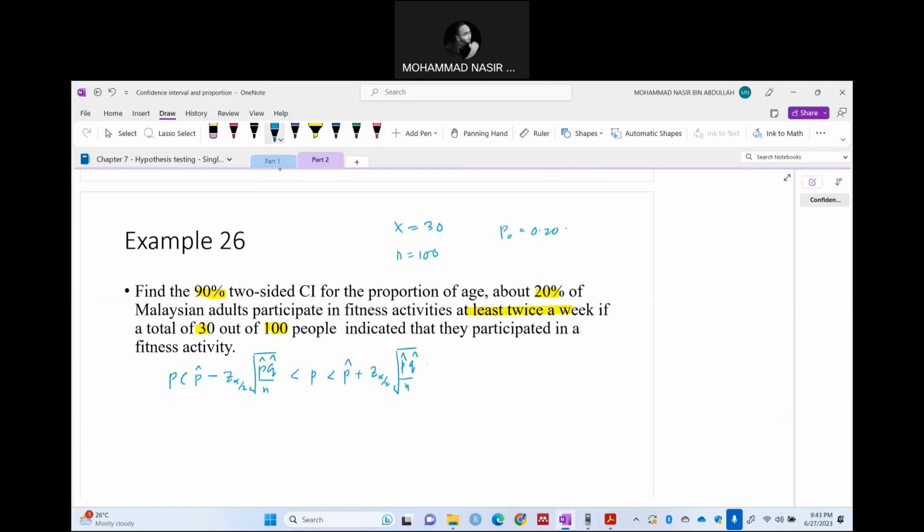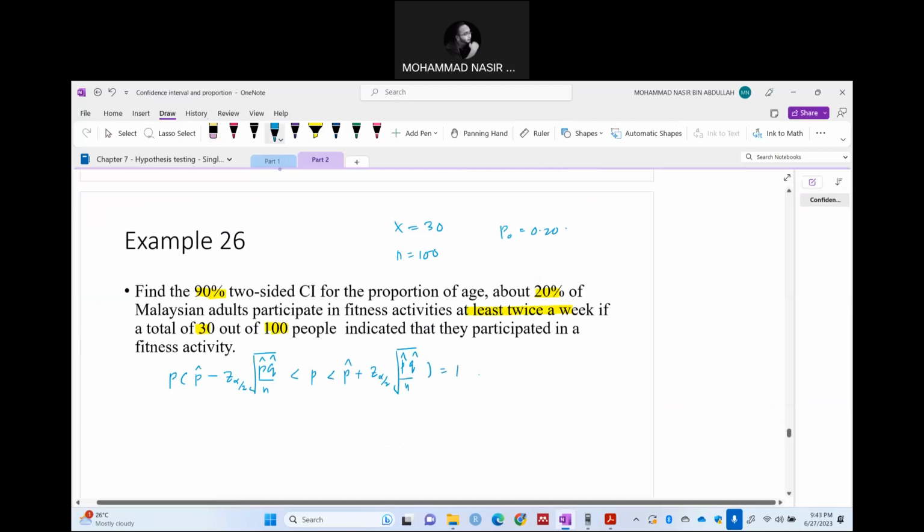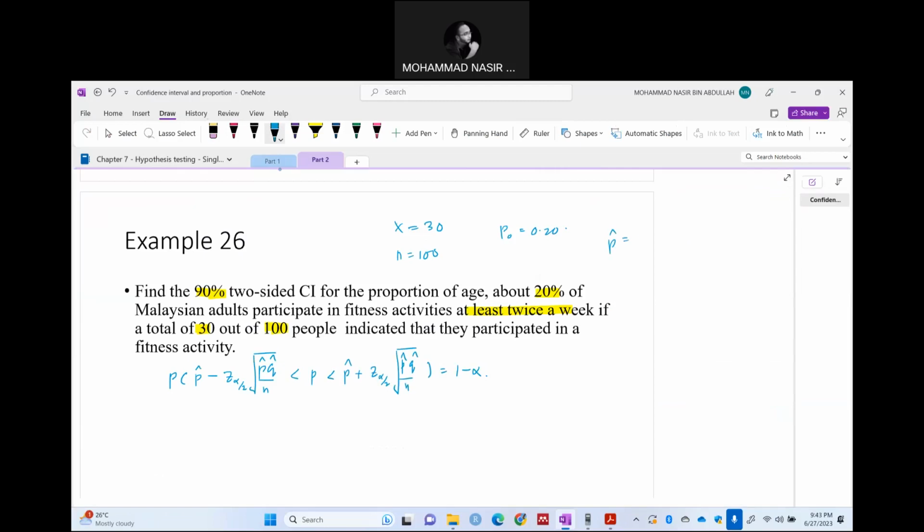This is 90%, this is 1 minus alpha. So we input the value into the formula. p hat is equal to 0.3, where we take 30 over 100. And q hat is equal to 0.7, which is the complement of p.